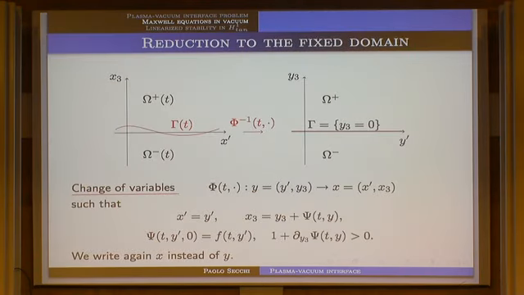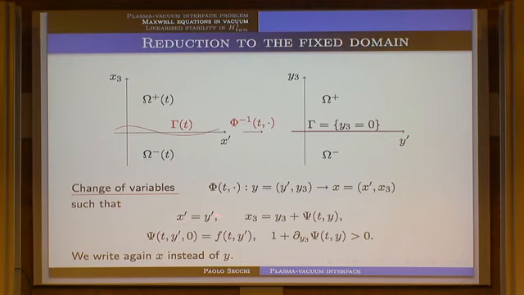Okay, so to solve the problem, the first thing to do is to transform the domain, to fix the domain and flatten the boundary. So we introduce a change of variables, which is an unknown of the problem, of course, and transform it to the case where we have a flat boundary, y3 equal to 0, while the tangential space variables are the same.